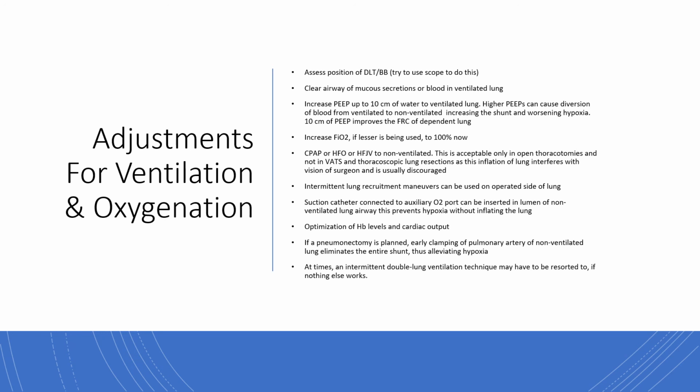If a pneumonectomy is planned, early clamping of the pulmonary artery of the non-ventilated lung eliminates the entire shunt, thus alleviating the hypoxia. At times, an intermittent double lung ventilation technique may have to be resorted to if nothing else works, basically.